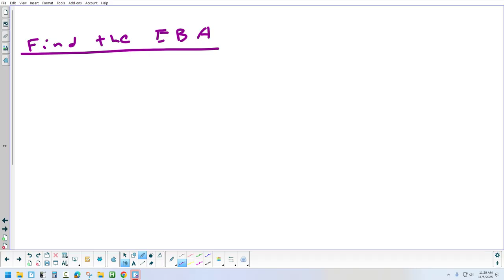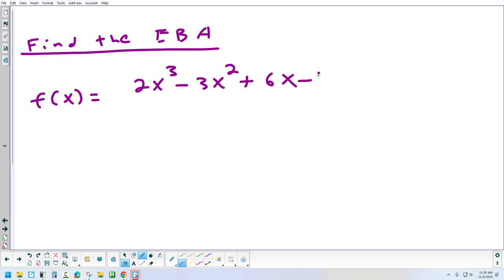All right, let's find the EBA. So let's do 2x cubed minus 3x squared plus 6x minus 4, and let's divide by x plus 2. What's the highest degree in the top? 3.